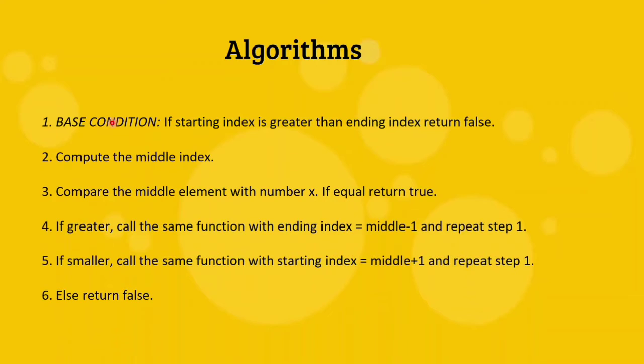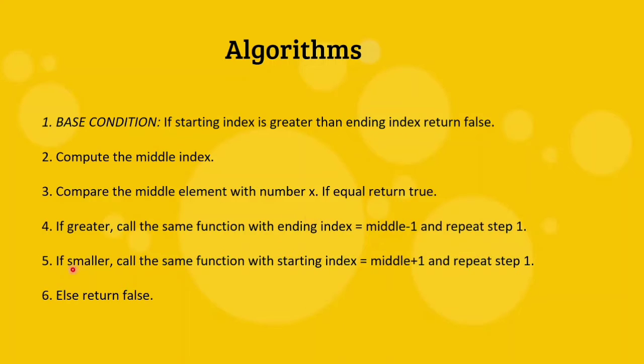Here, our base condition will be: if the starting index is greater than the ending index, then we will return false. Otherwise, we will compute the middle index. Then we will compare the middle index element with the value x which we are searching for. If equal, then we will return true. If it is greater, call the same function with the ending index equal to middle minus 1 and repeat step 1.